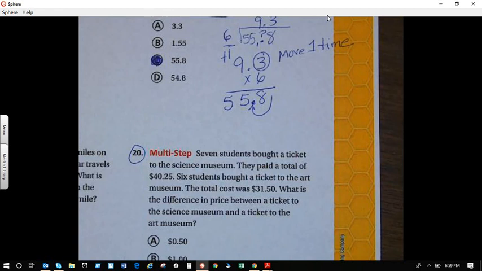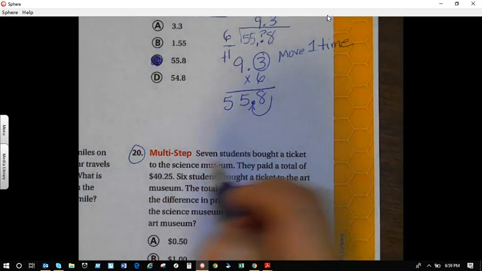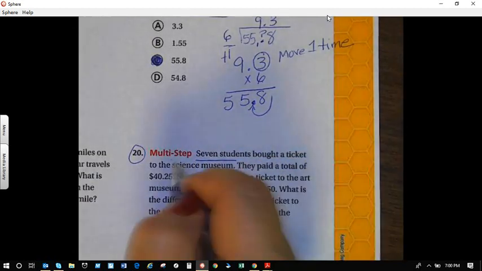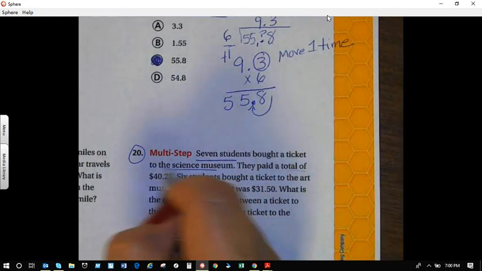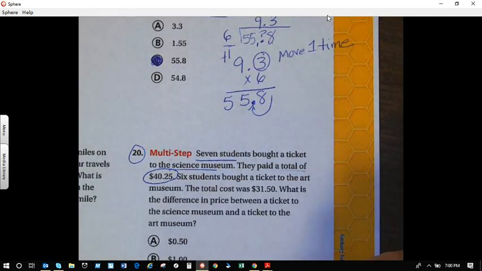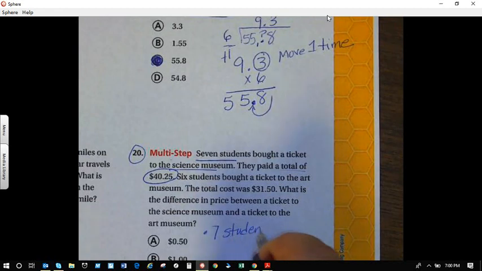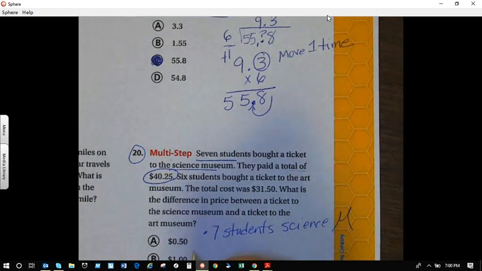Wow, so what are we going to be doing here? So we know that 7 students bought a ticket to the Science Museum, and they paid a total of $40.25. So here we have 7 students, Science Museum. I'm going to put a big M for museum. Total cost.